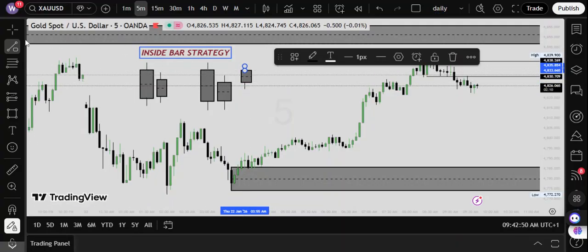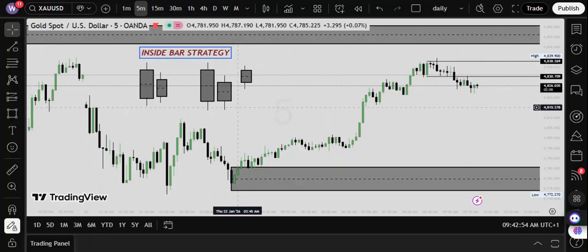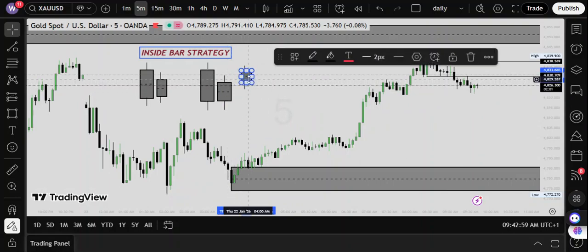It is called the mother candle. So whenever you see a candle formation like this in the market, it's called an inside bar candle.